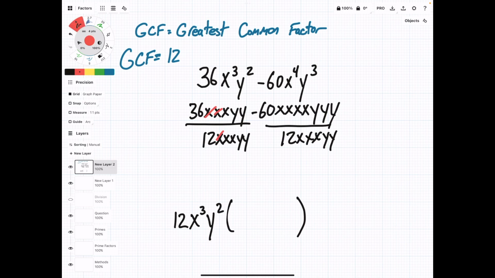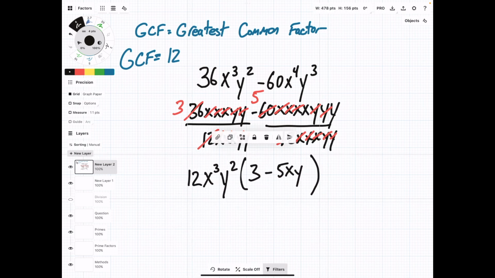Everything cancels. And then this becomes a 3. So our first term is just 3. Nice. And we're going to do a minus. And then we have that's all gone. So we have an x and y on top, and then we divide this. This becomes a 5. And so our second term is minus 5xy.